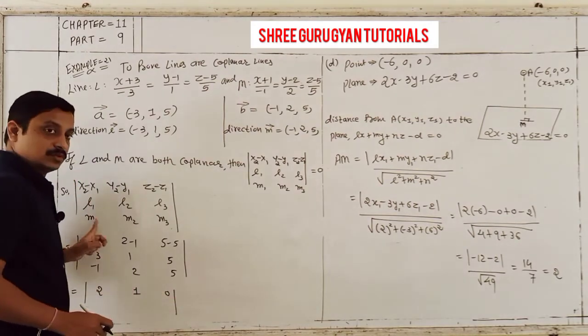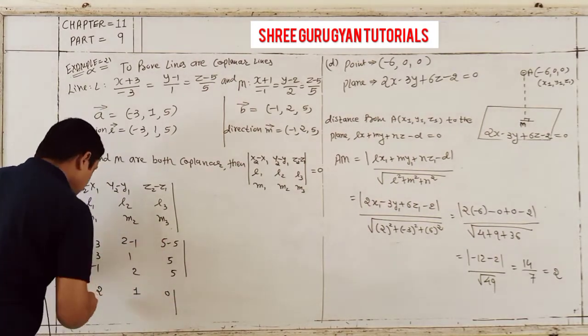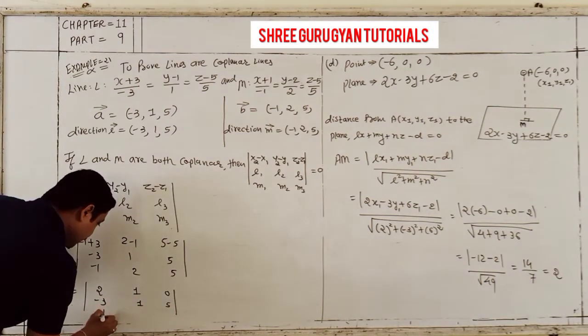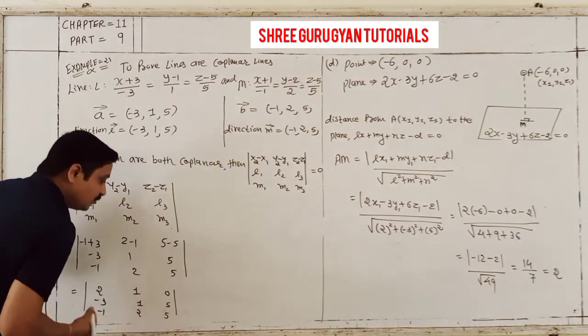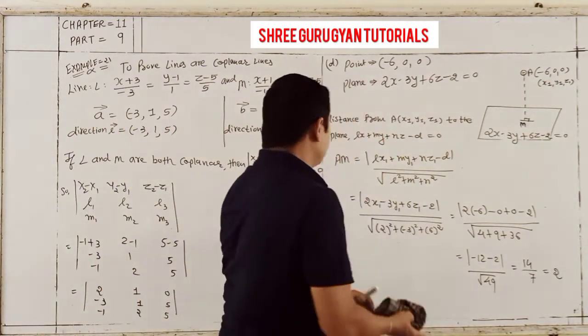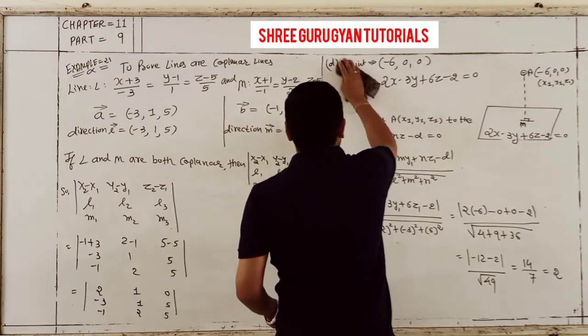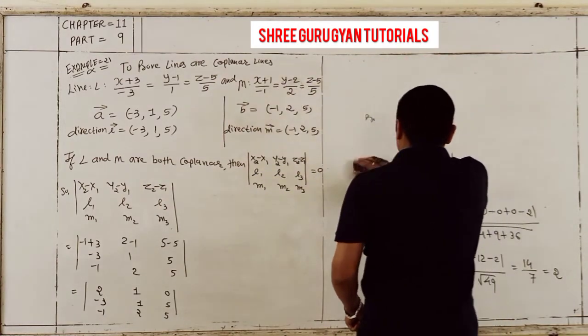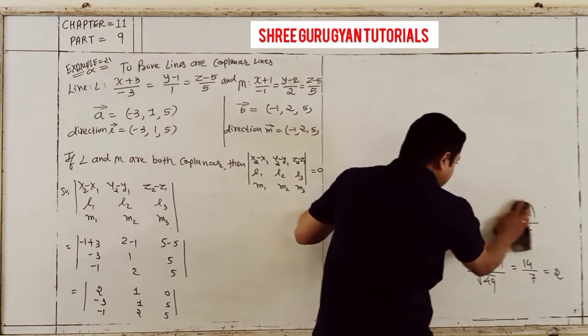Next, minus 3, 1, 5 and last minus 1, 2, 5, and just calculate by the simple definition of our determinant rule, and anyhow prove this answer is 0. Then our target is achieved.